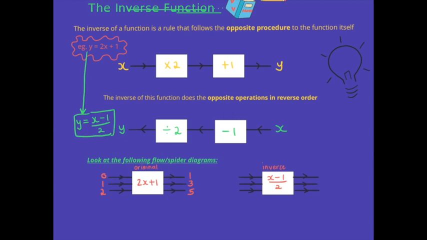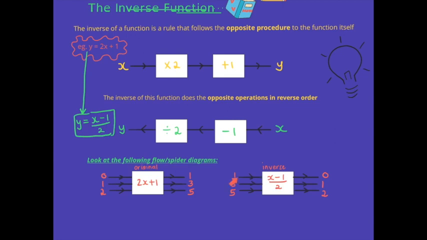Now have a look at the inverse function. If I choose the values 1, 3, and 5 as my input, the same as the values I got as an output from the original function, can you guess what 3 values will come out? It's actually just going to be 0, 1, and 2.